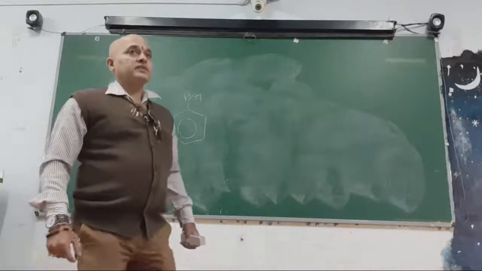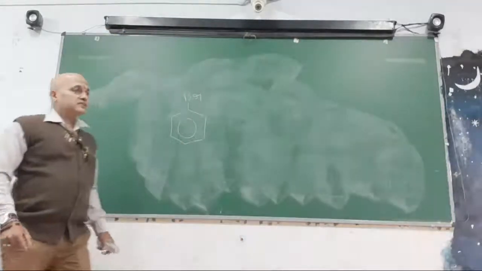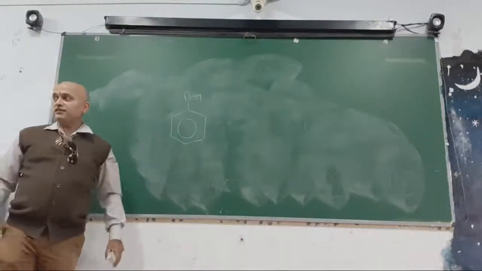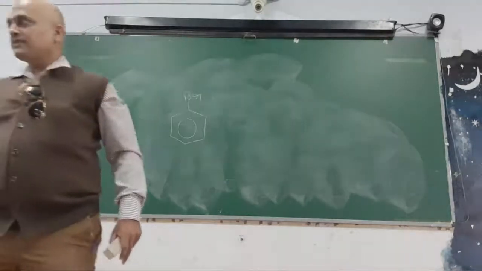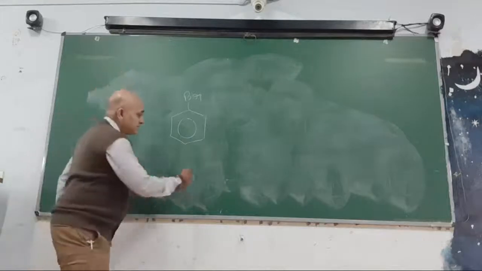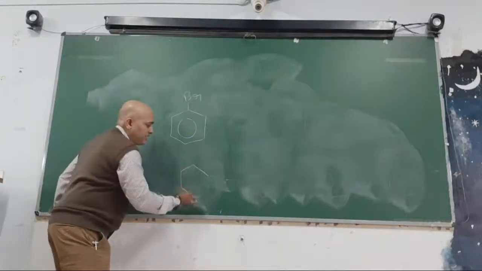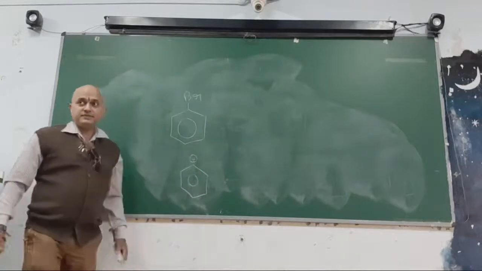Okay. Do you really think it will go for a nucleophilic substitution reaction, same as that of methyl bromide and all? We are talking about bromobenzene. If that is the case, there should be an intermediate which will be like this.